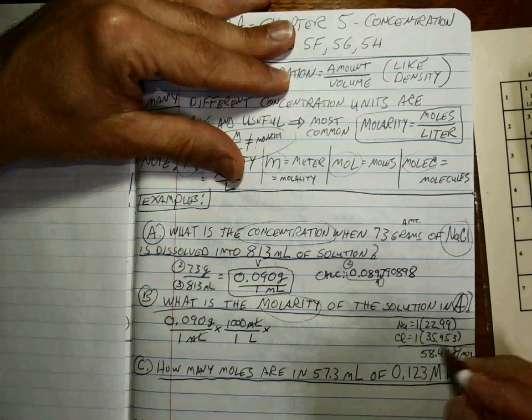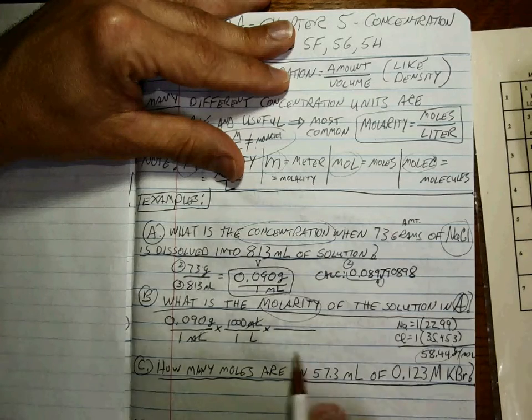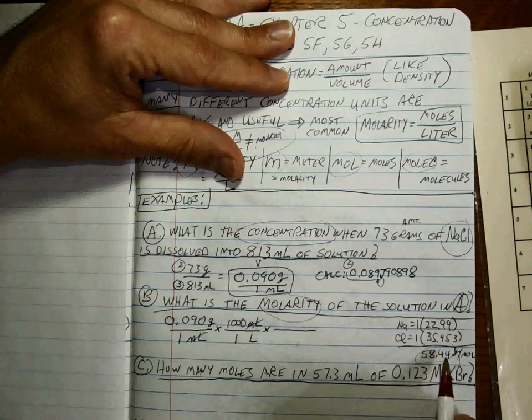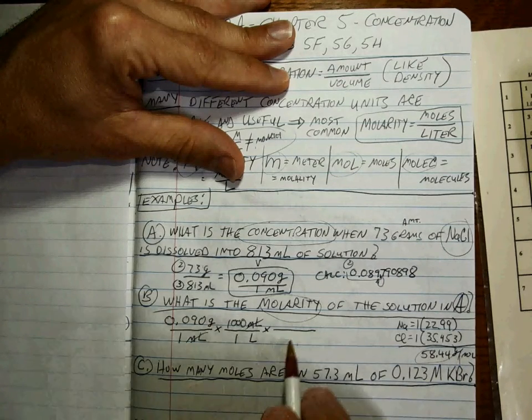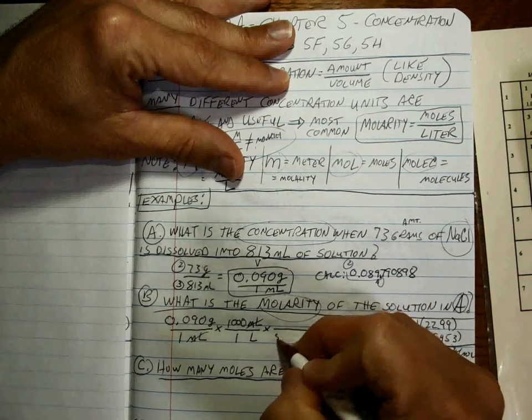So that's the grams per 1 mole. So what goes on top, what goes on bottom? The 58.44 goes with the grams, and to get the units to cancel, grams has to go on the bottom.